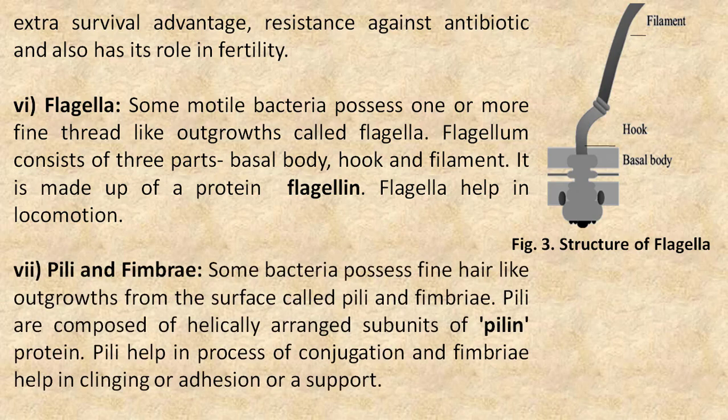Pili and fimbriae. Some bacteria possess fine hair-like outgrowths from the surface called pili and fimbriae. Pili are composed of helically arranged subunits of pilin protein. Pili help in process of conjugation and fimbriae help in clinging or adhesion or a support.